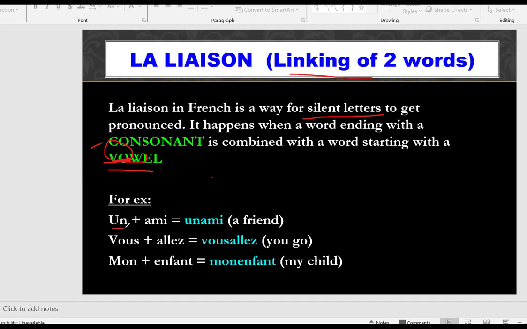The first word ending with the consonant N, second word starting with the vowel. So what we do, we join these two, we link these two letters. उसमें क्या होगा? The silent letters will be pronounced.